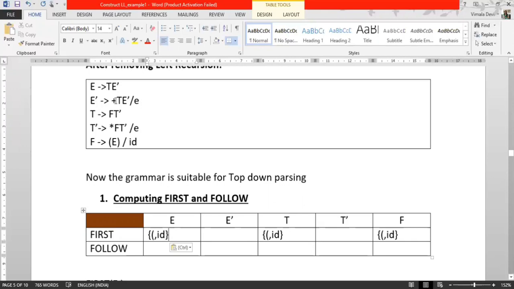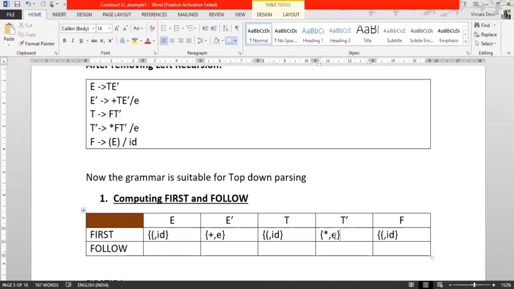Look into the first symbol alone. Here it is plus. In the second alternative, it is epsilon. So let us update it as plus as well as epsilon. Epsilon is marked by E. First of T dash, look into the T dash production rule. It is very simple. It is nothing but star as well as epsilon. So we identified the first set for all the grammar symbols.